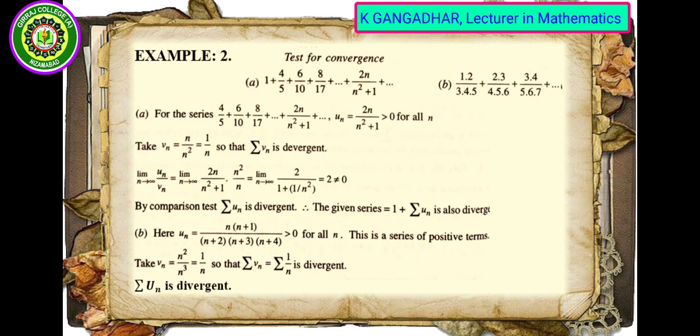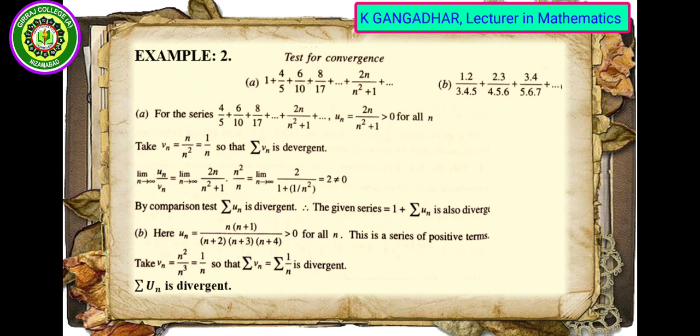N square by n cube means 1 by n into something, and the limit of 1 by n is 0, so the value is 0. Here we want a limit value not equal to 0, so we remove 1 by n. That value we call Vn.